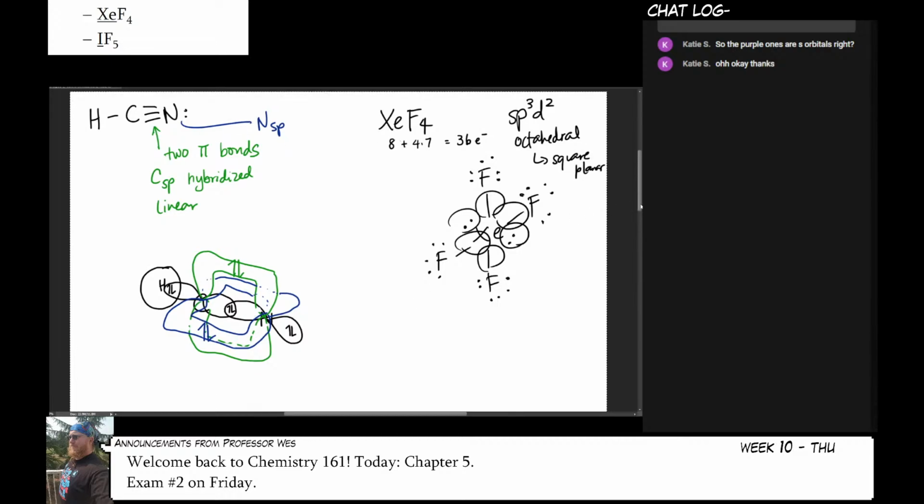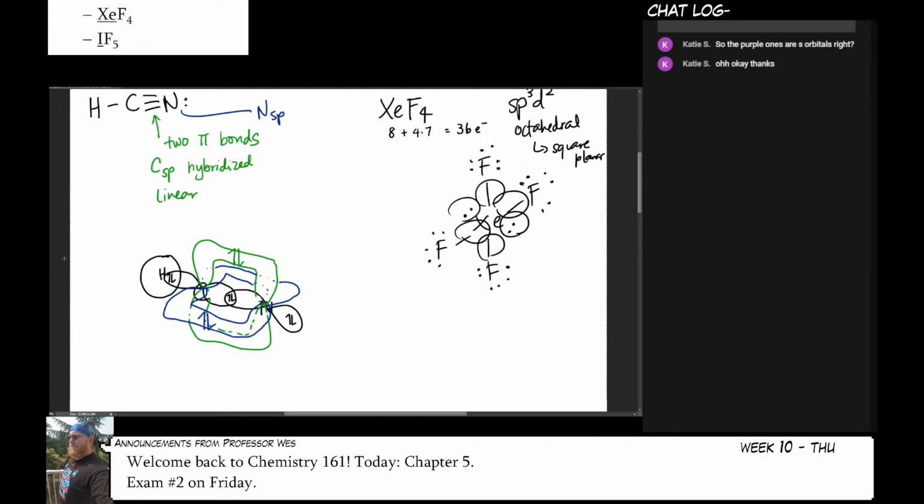And so what would that look like in a balloon diagram? If I have xenon over here, I would just go balloon, balloon, balloon, balloon, balloon, balloon. And then in 2 of those balloons, I'll put my electron pairs. And in the other balloons, I will just put fluorines. To simplify, so I don't have to draw the entire sp3 for fluorine, I'm just going to do it like this.